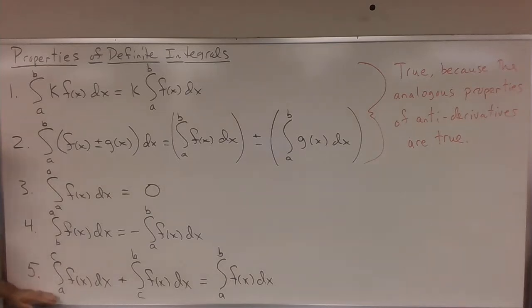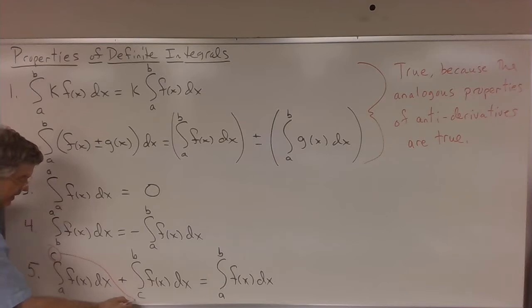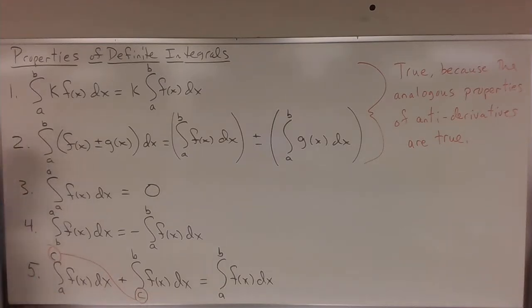And then our final property for definite integrals. Notice that c can be any real number. And the upper limit of the first integral is the same as the lower limit of the second integral.